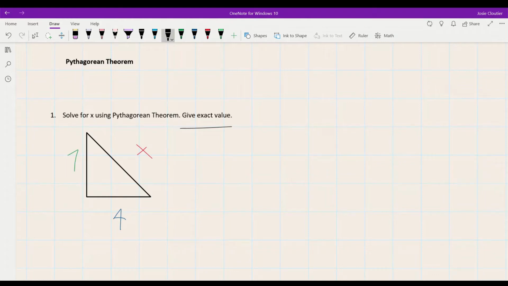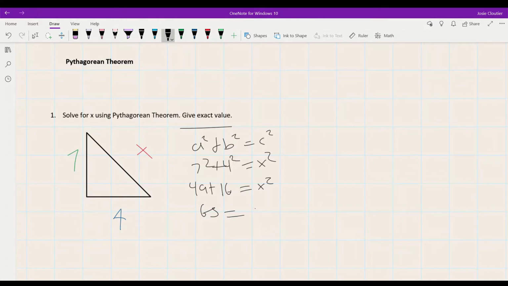Now, we know the Pythagorean theorem is a squared plus b squared equals c squared. C squared is always our hypotenuse, and a and b can be either of the two side lengths, it doesn't matter which. So let's plug in 7 squared plus 4 squared equals x squared. 49 plus 16 equals x squared. 65 equals x squared.